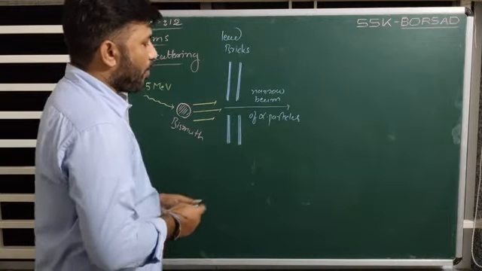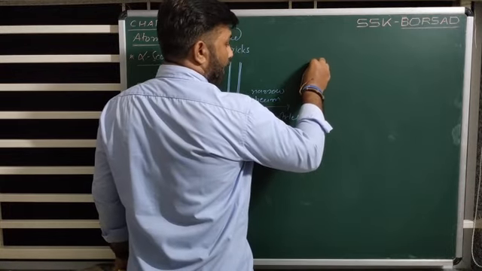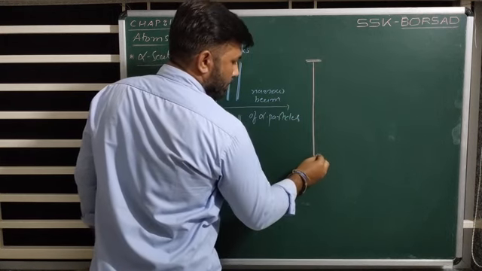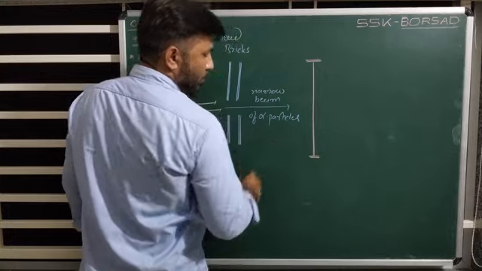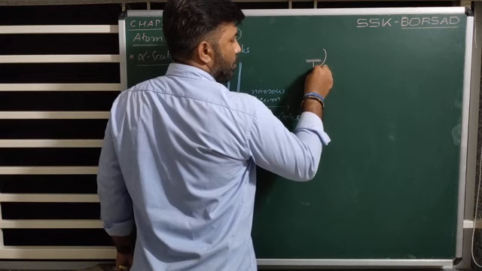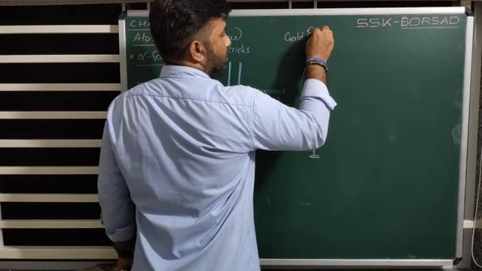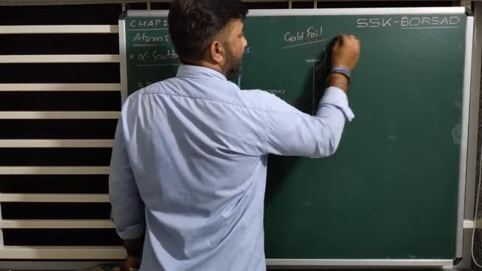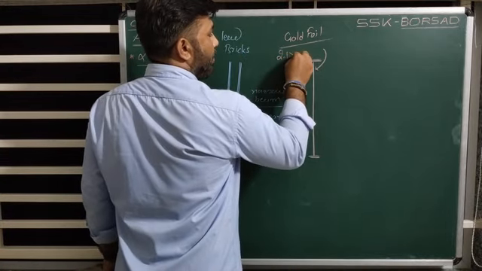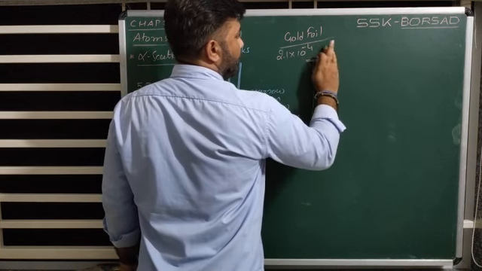This narrow beam of alpha particles gets incident on a gold foil. So this is a gold foil, and this gold foil is very thin, and the thickness of the foil is 2.1 multiplied by 10 raised to minus 4 meter.